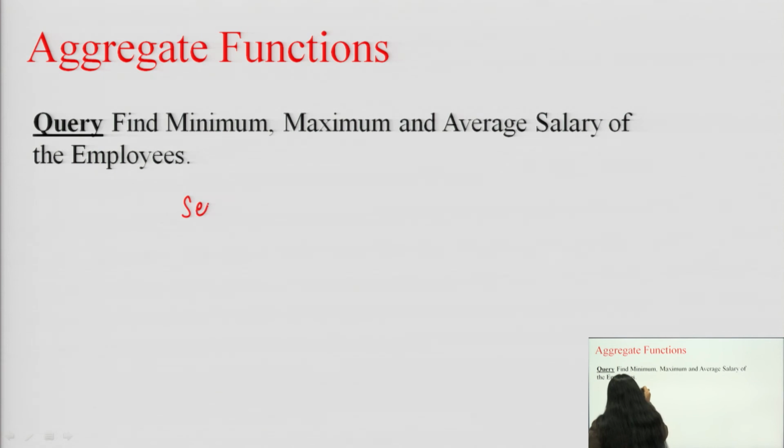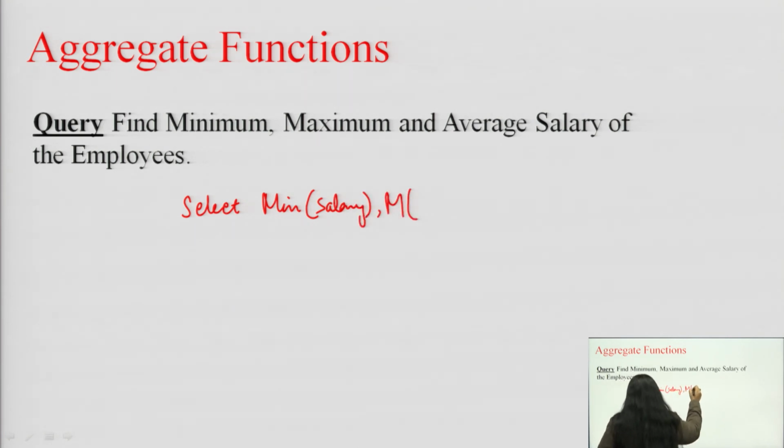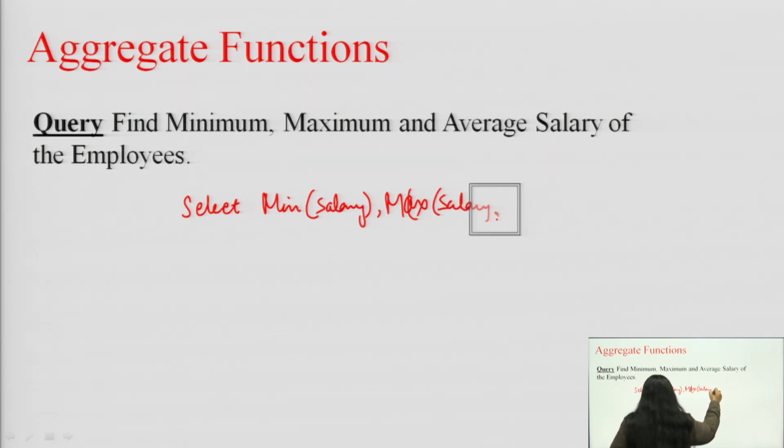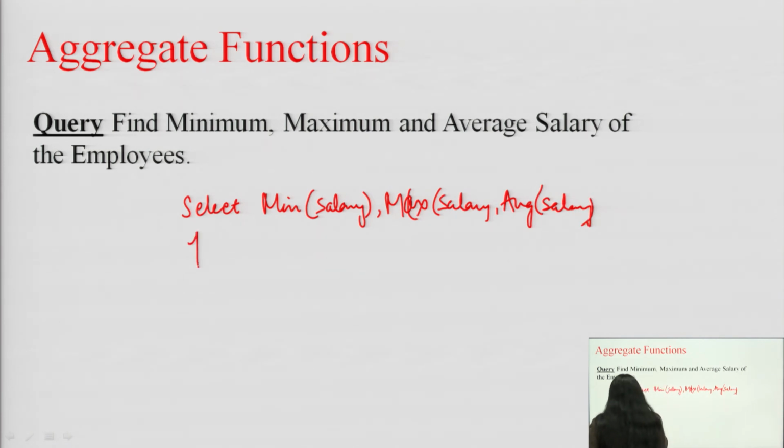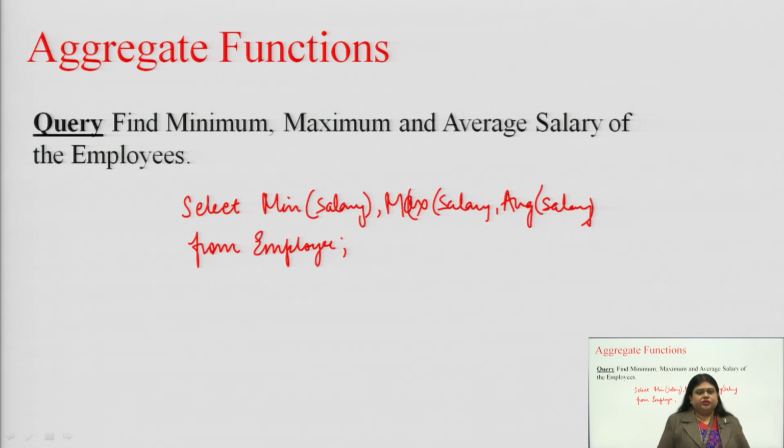Simple, select min on salary, max on salary and average on salary, right, from the employee table. So, this query is done. You will see that for writing a query, you have multiple methods. Whatever you write, that should be optimal, right.